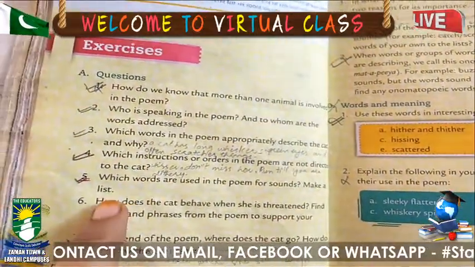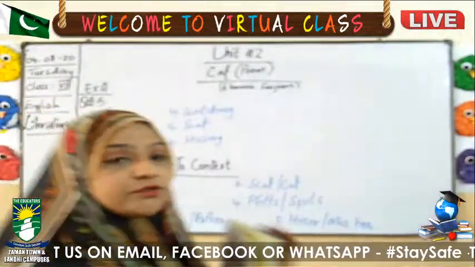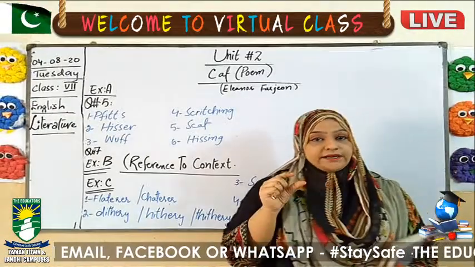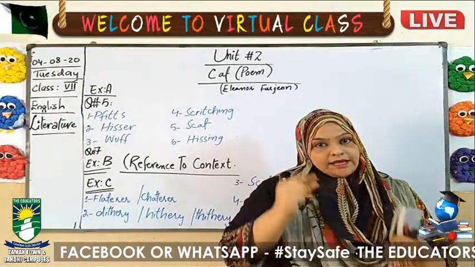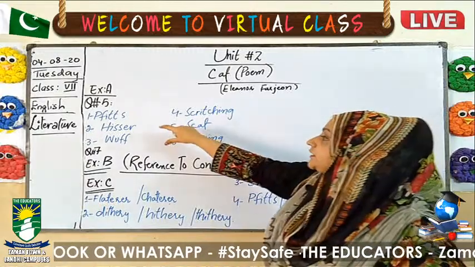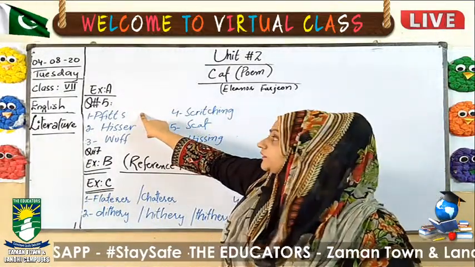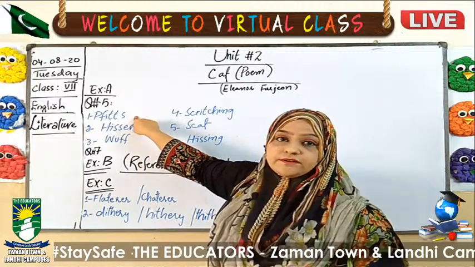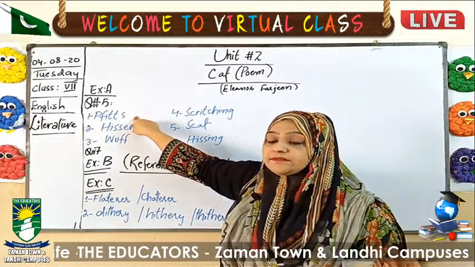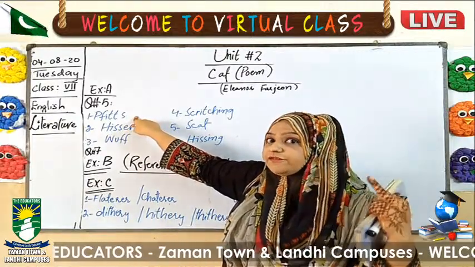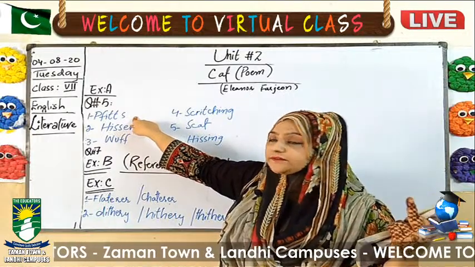Make a list. To answer these questions, you have to read the poem very well, very clearly. And for your help, I have also written these words on the board that are creating the sound. For example, the first is fits. As I have described in the description, woof and fits are the sounds by the dogs.